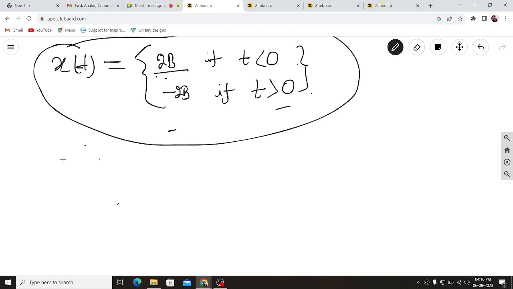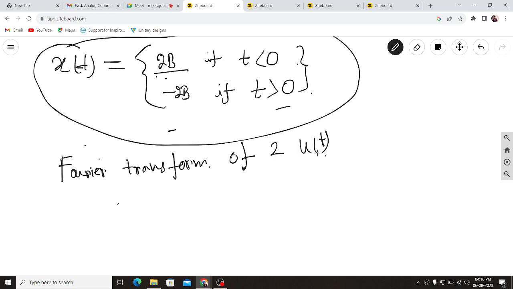We have to calculate the Fourier transform. Sorry, just let me get clear once again. This is not the question.